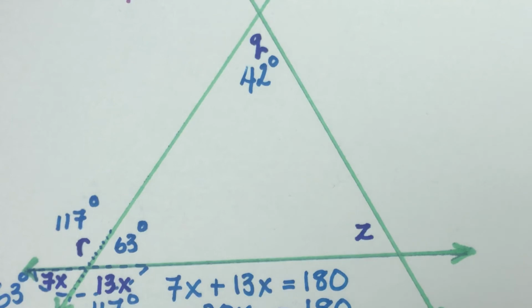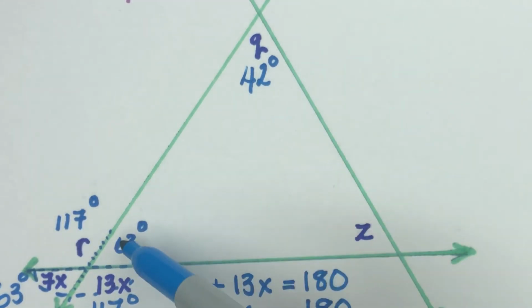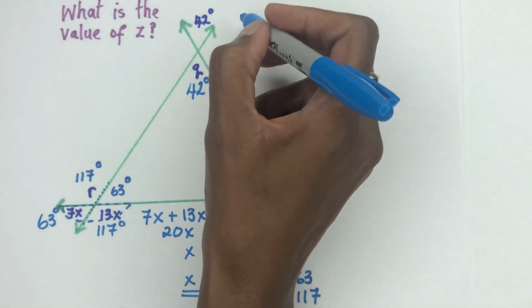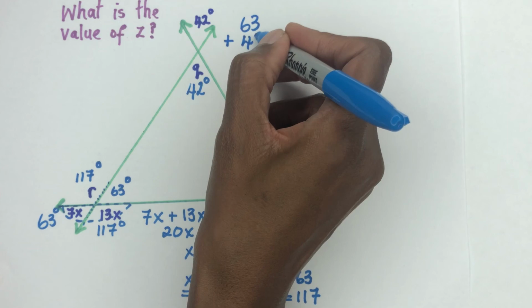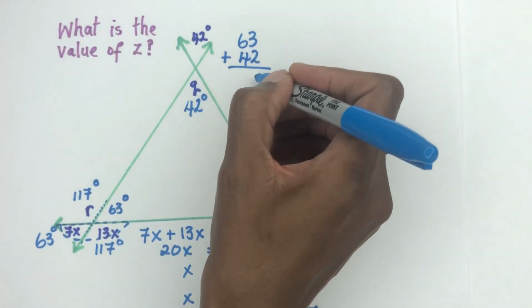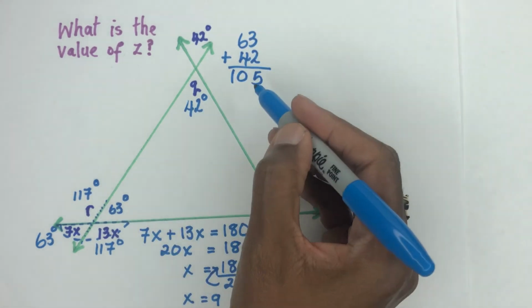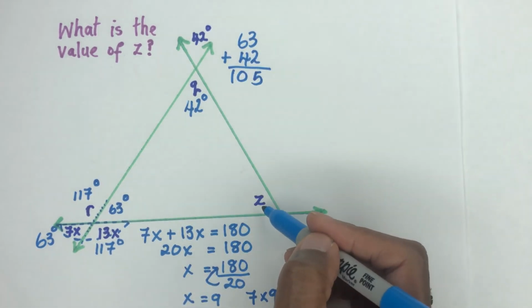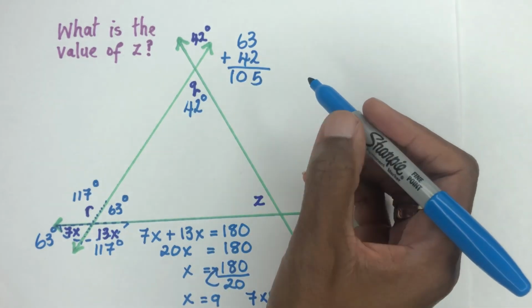So how do we get to find what Z is then? So we have to add what we know to get what we don't know. So now we have 63 plus 42, and what is that going to get us, right? So we have 3 and 2 is 5, 6 and 4 is 10. So these two make 105. To get what we don't know, we have to subtract 105 from the total of the 180, right?